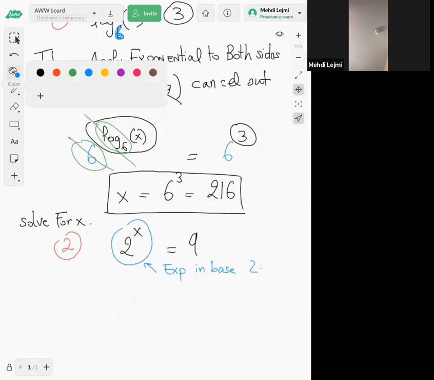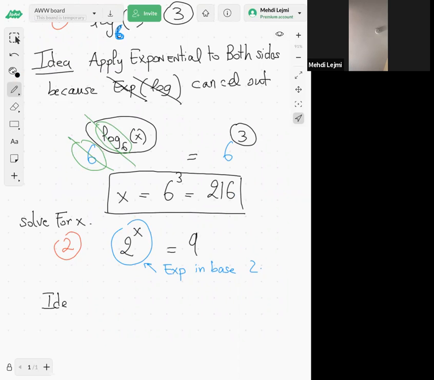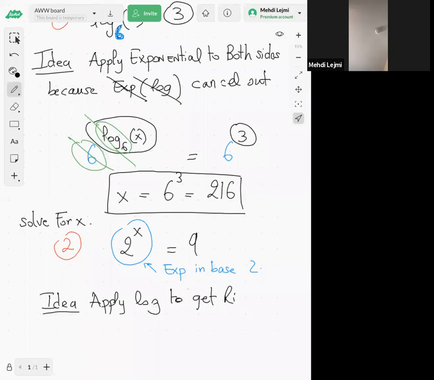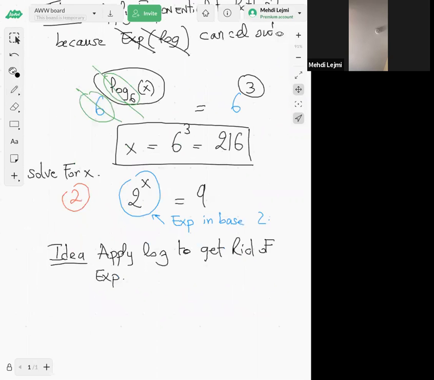So apply log to get rid of the exponential. All right, so I'm gonna apply log both sides, of course.